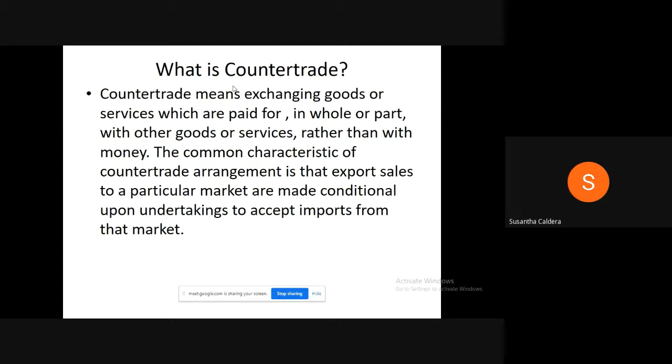Normally, when we buy goods or services, we have to pay in currency. But here in counter trade, it will be exchanged. The goods or services will be exchanged for another goods or services. The payment will be as another goods or services rather than with money.